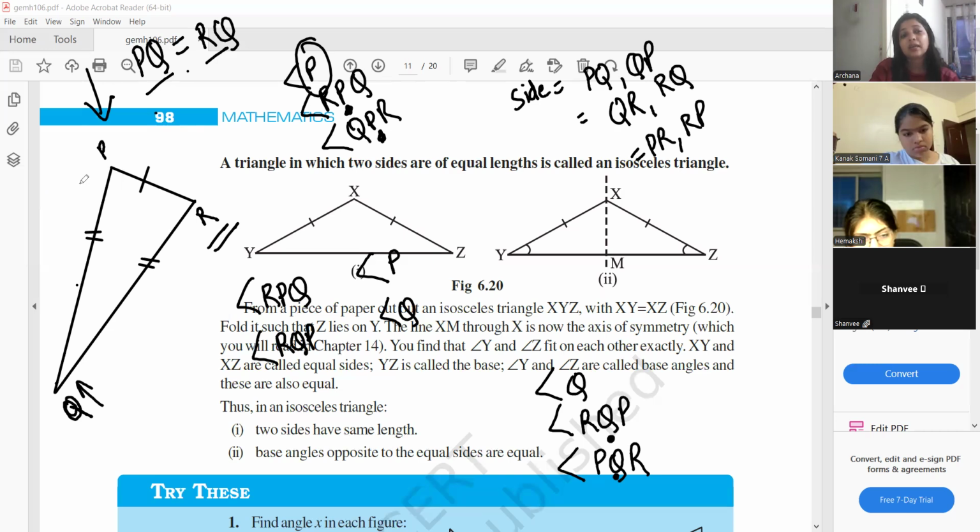So, which is the angle opposite to side PQ? R. So one angle can be angle R, which is equal. Yes or no?